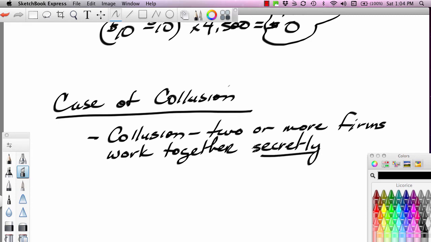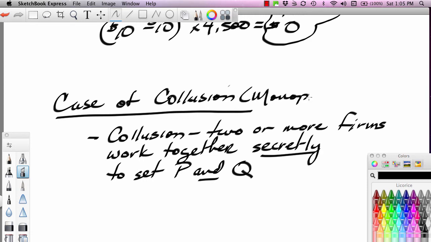These two firms are actually behaving as a monopoly. So collusion is where two or more firms work together secretly to set price and Q. So rather than setting their price and Q independently, they're setting their price and Q jointly. So the case of collusion is where the two firms essentially monopolize.